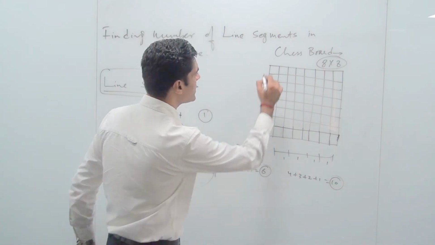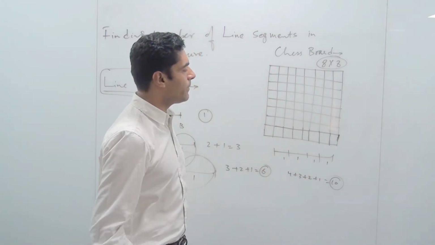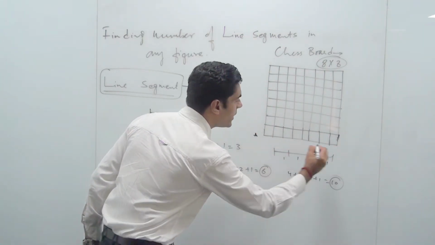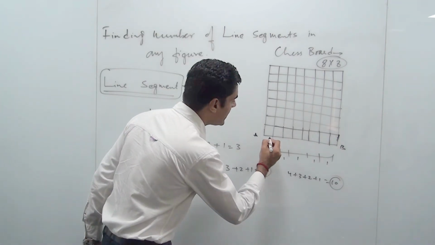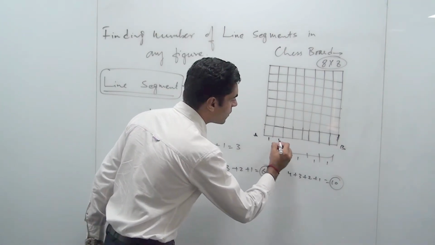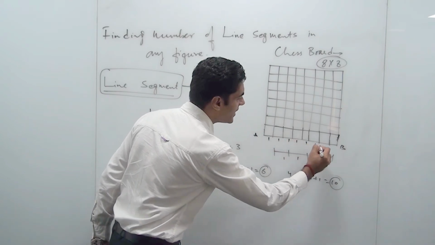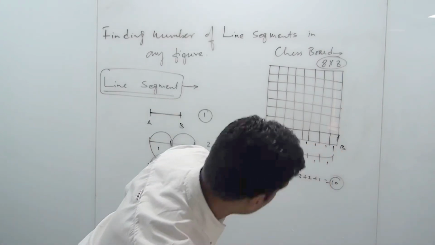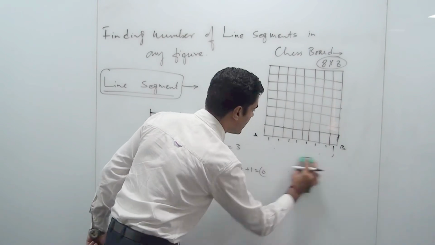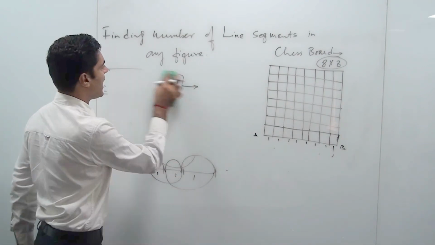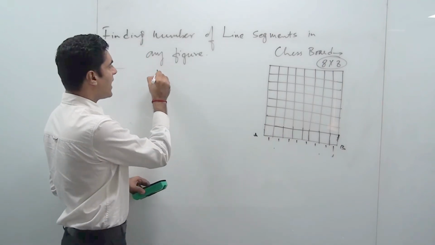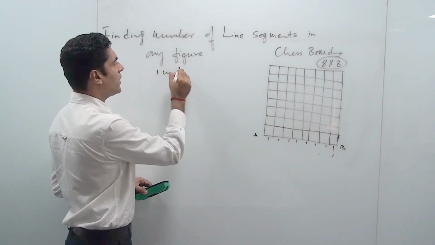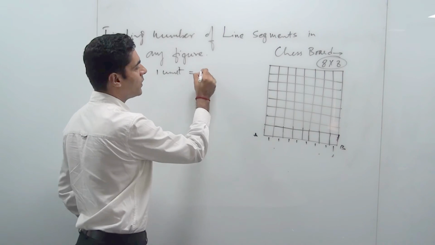If I talk about this grid, which is an 8 by 8 grid, and I take one particular line AB, this line AB is getting divided into 8 parts, 1, 2, 3, 4, 5, 6, 7 and 8. So in this line AB, the number of line segments of one unit will be equal to 8.